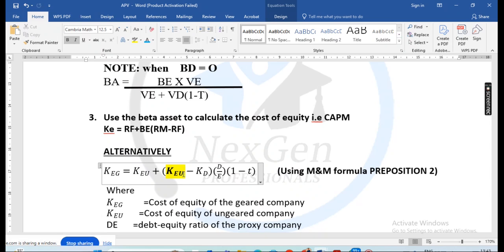So if you want to determine the cost of equity of the ungeared company, you can use this formula. Kd is the cost of debt of the ungeared company, which is the proxy company. D is the market value of debt of the proxy company. E is the market value of equity of the proxy company, times 1 minus T. It is an assumption of Modigliani and Miller proposition 2. So it is assumed that the cost of equity of the geared company equals the cost of equity of the ungeared company, which is the proxy company.